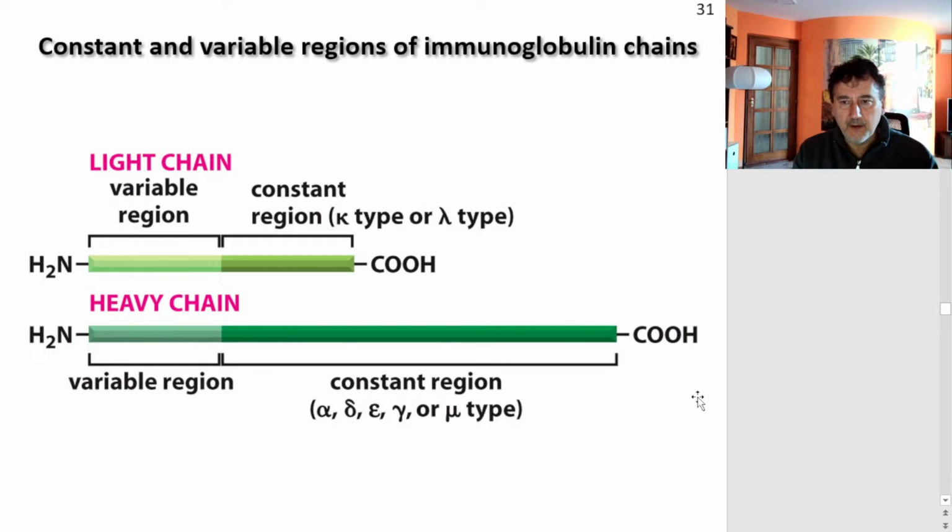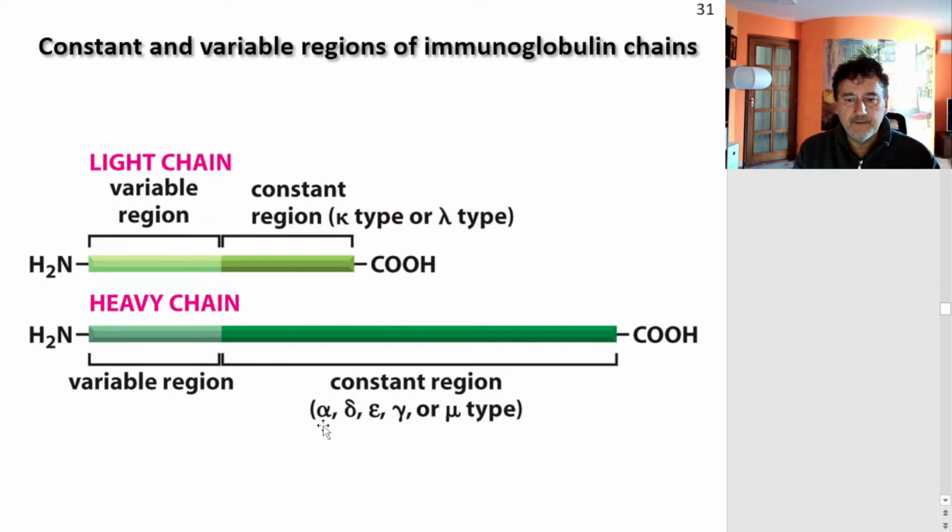And here comes an important statement: the different classes of the antibodies are made according to the type of the constant region. There's alpha, delta, epsilon, gamma, or mu, which differ between the classes.